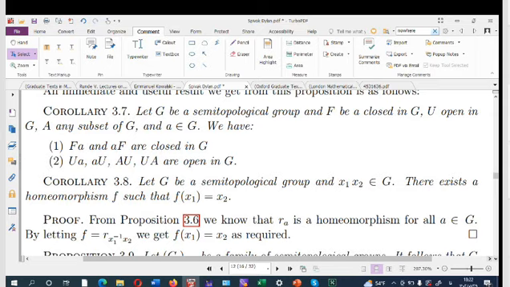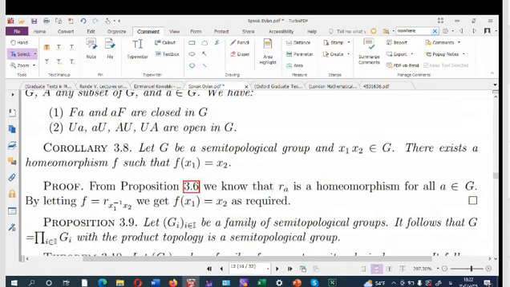This is very easy because we can consider this homeomorphism. We know that this is a homeomorphism.